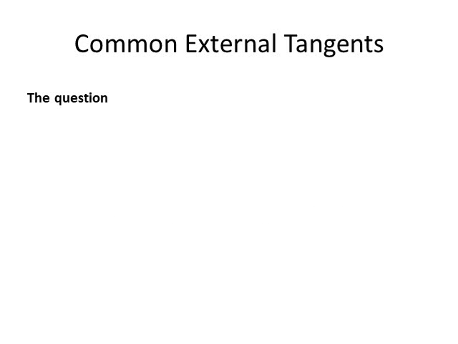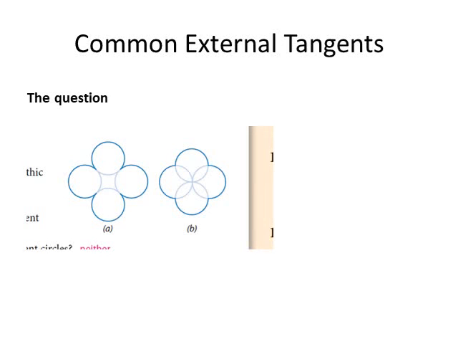So here's question 16D and E. 16D, how many common external tangents to figure A? And 16E, how many common external tangents to figure B? So here's figure A and here's figure B. Now, a lot of you, your answer was like 2 or 4.